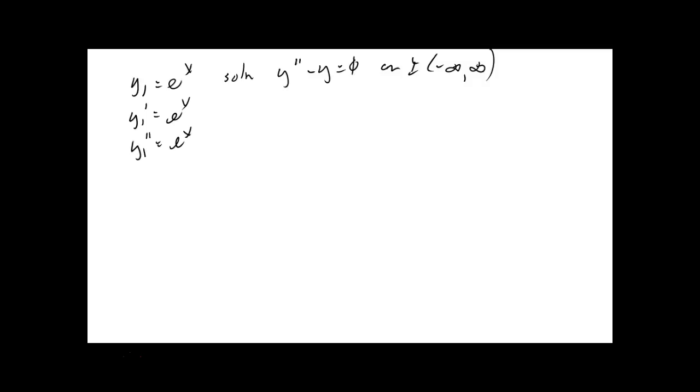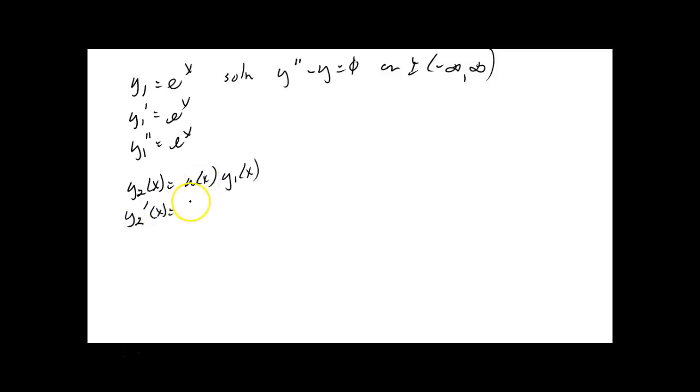It says use reduction of order to find a second solution, y2. What we just said: y2 of x needs to be some u of x, not a constant, some function of x times y1 of x. And it also has to be a solution to this. So let's do y2 prime of x.